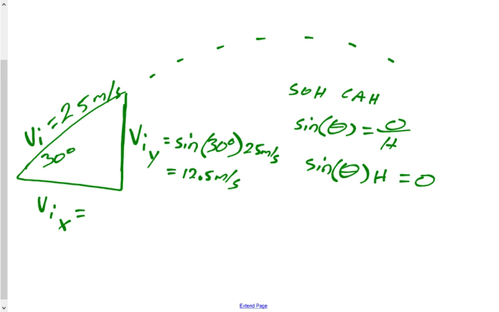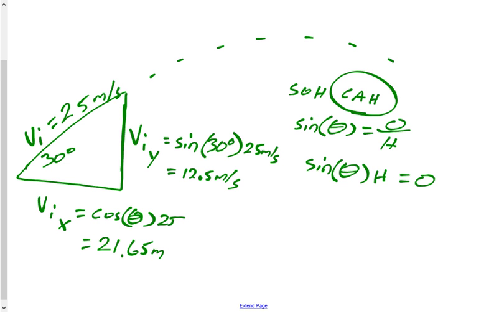Now let's look at the horizontal component. Using the same method, but with the cosine, you would come to the same conclusion. So this would be the cosine of angle theta times 25. The cosine of 30 degrees times 25 is going to give us 21.65 meters per second.